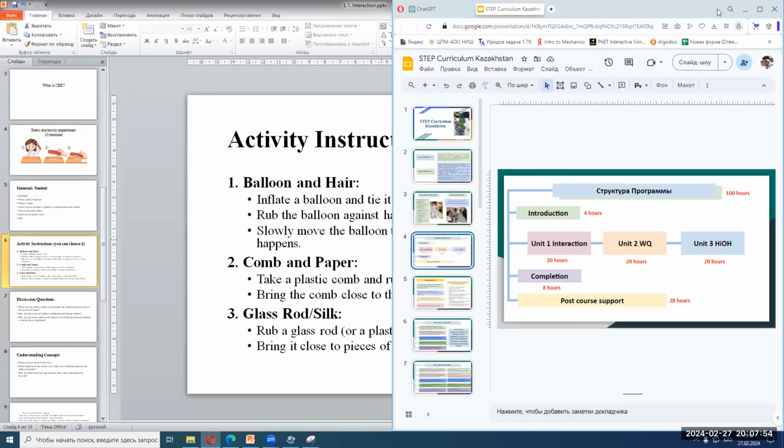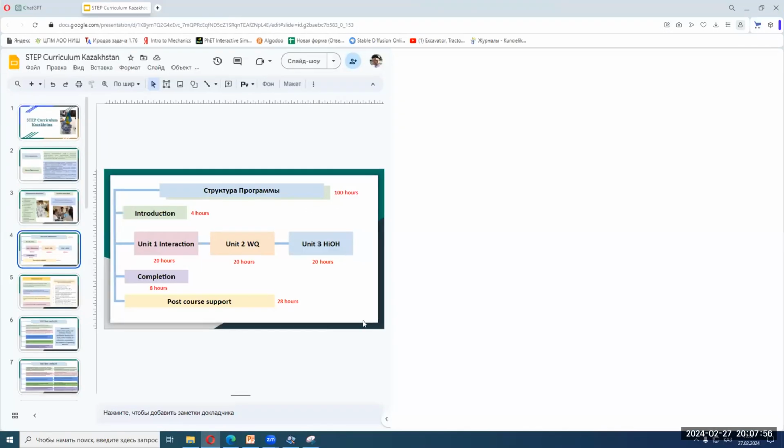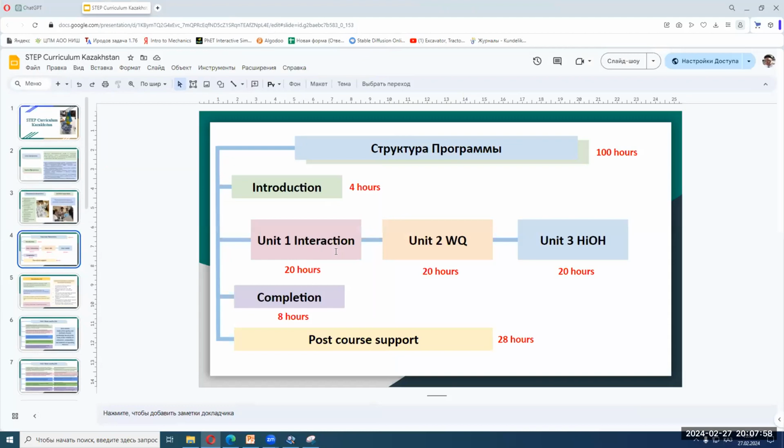Let me explain first a little bit. So according to our PD, I'm going to show you the first lesson from Unit 1. It means our learners already studied the introduction part, just a small part of our PD.